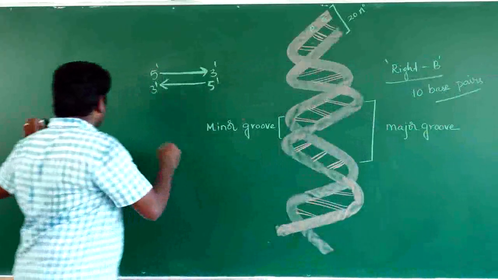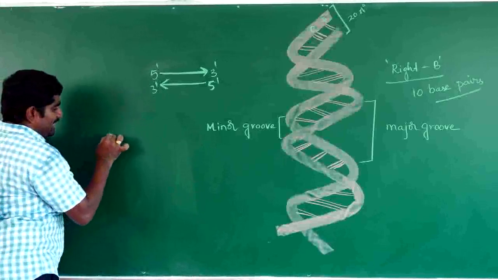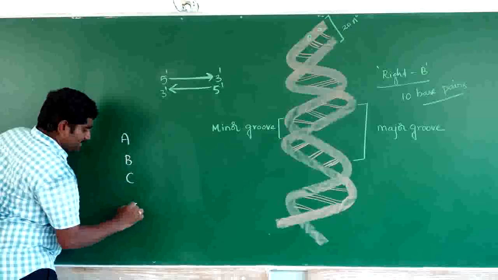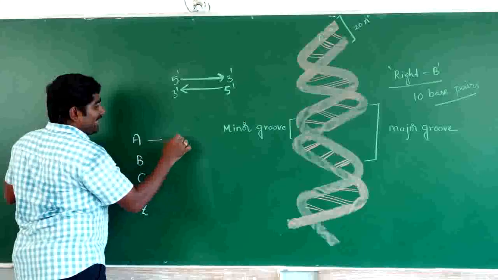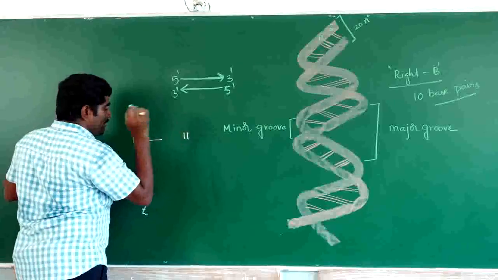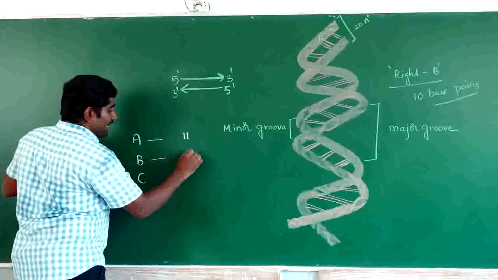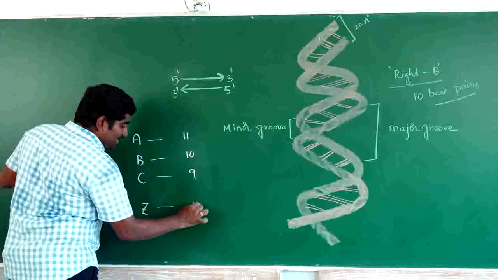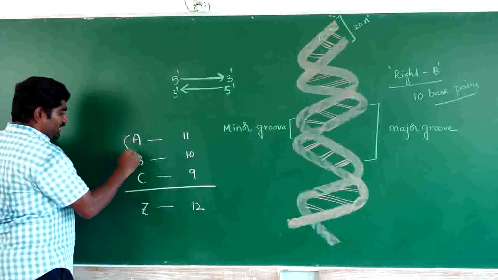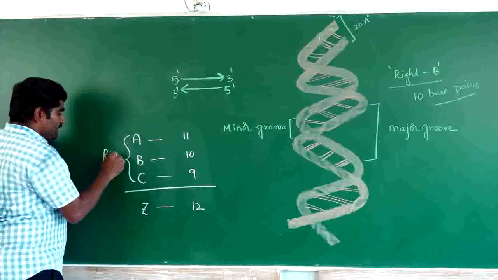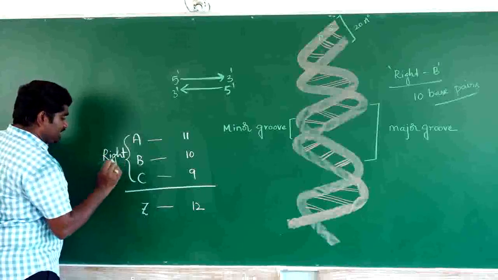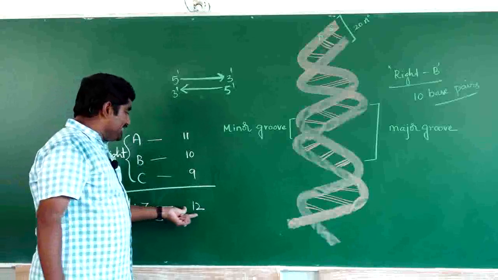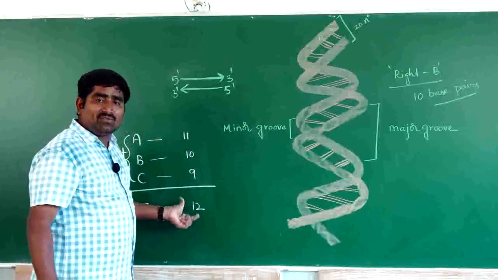A DNA contains 11 base pairs in one full turn, B DNA contains 10, C DNA contains 9, and Z DNA contains 12. The first three are right-handed DNAs, and Z DNA is the only left-handed DNA.